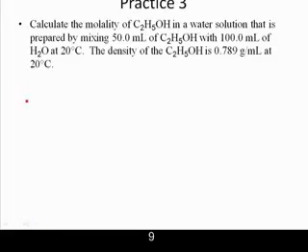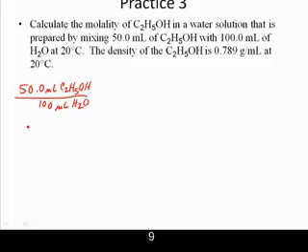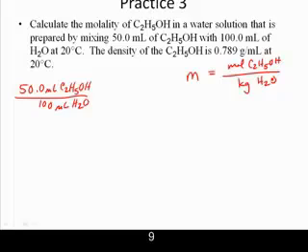So we know that we have 50 milliliters of the ethanol per 100 milliliters of water, and we're wanting molality, which is a little m, and that is going to be moles of ethanol per kilograms of the solvent, which in this case is water.